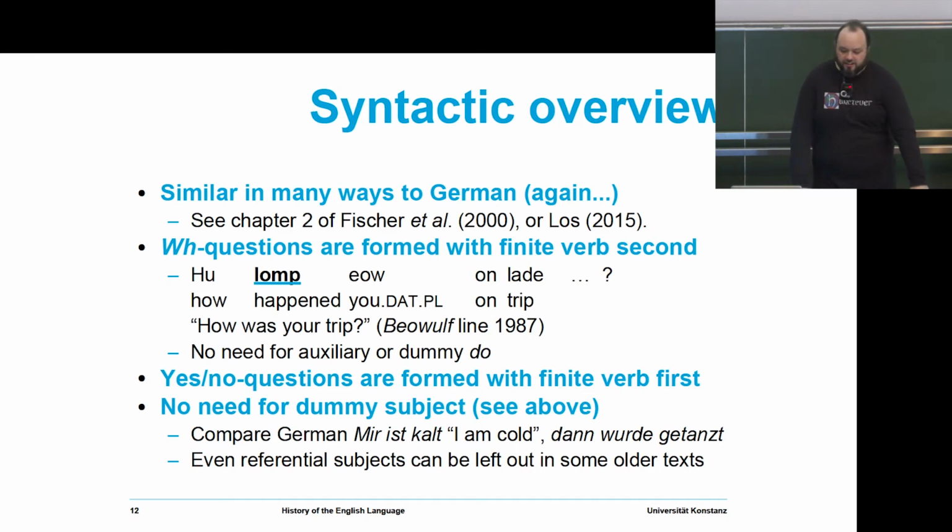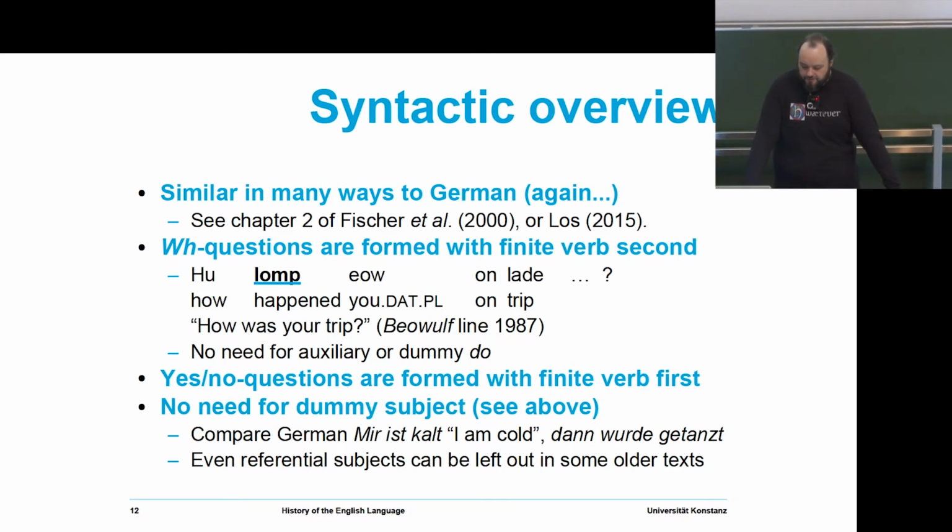So we see that there's a single constituent, who, how, and then there is the finite verb, and then the subject comes after that. So there is subject-verb inversion in examples like this. So subjects follow the finite verb.